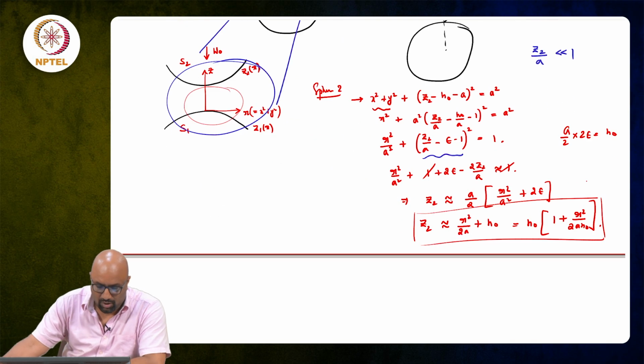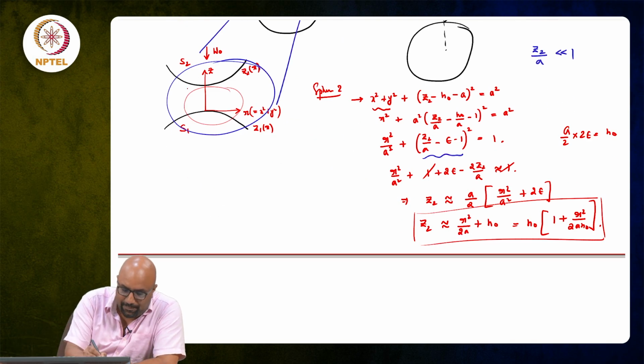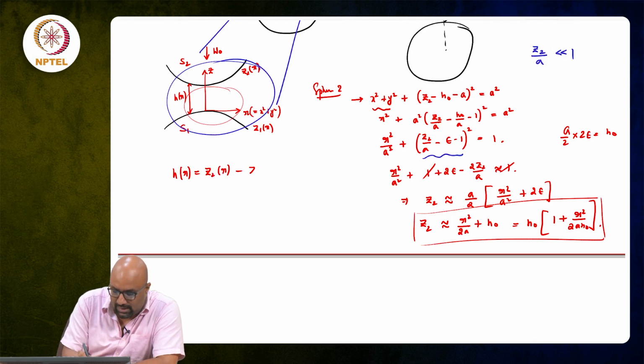So, now if I want to write down what is the gap, so let us say H of R is Z2 of R minus Z1 of R, the local gap anywhere. The local gap is H naught 1 plus, or again it is an approximation, R square by 2A H naught.